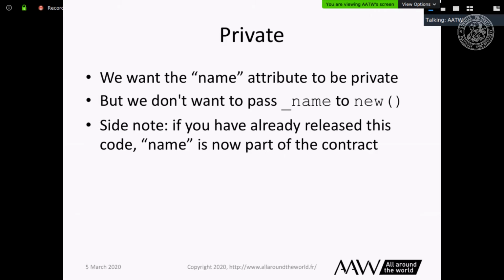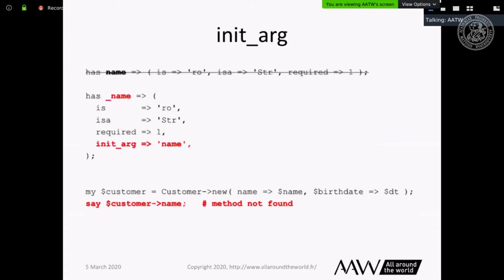So if we don't want to pass _name to new, how can we handle this? Well, here we have _attribute, we have has _name, and then we have an init_arg called name. So that's the name of the argument you pass to the constructor in order to set the _name attribute. And later on, when someone calls customer name, we get a method not found, which is the behavior we want.